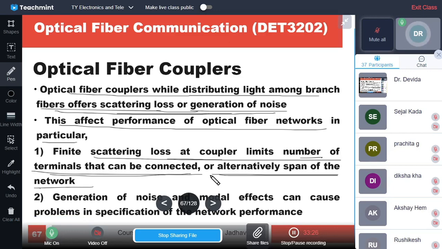And second, generation of noise and modal effects can cause problems in the specification of network performance. So noise and modal effects degrade the network performance specifications.